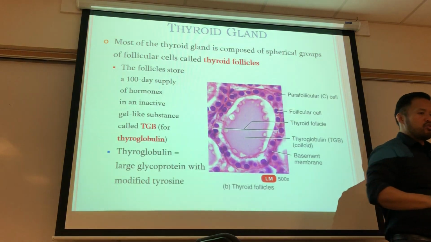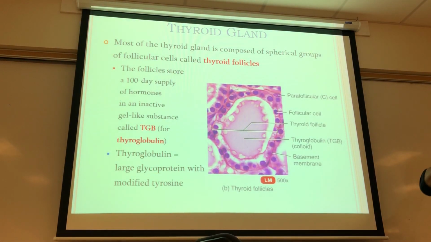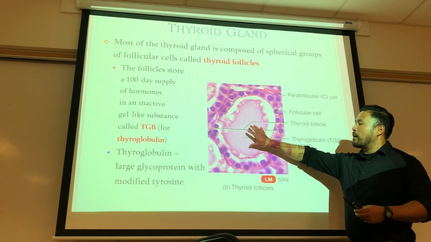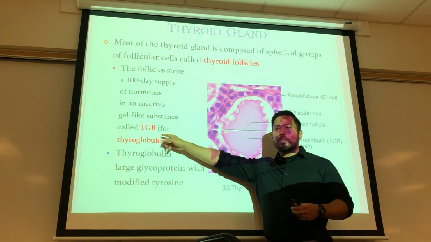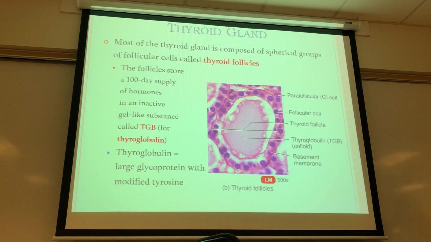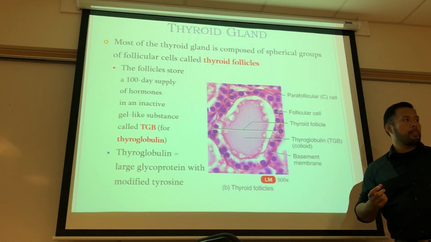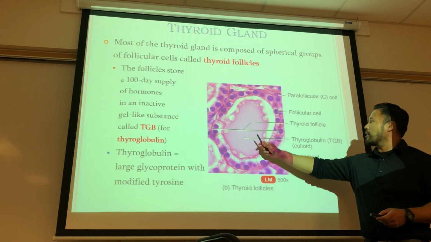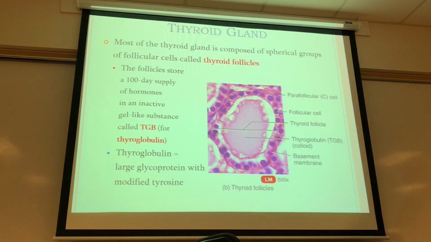And it's this gel matrix, this glycoprotein pool, in which we have TGB, our pool of thyroid hormone precursors that can get transformed into T3, T4. So this is our backup supply, of which we have about 100 days' worth of T3 and T4 that we can produce to regulate our metabolism.